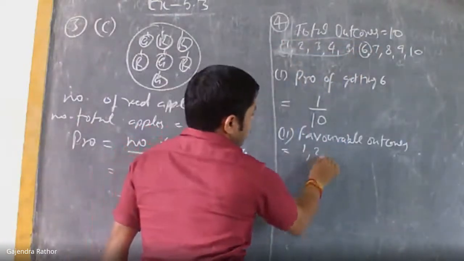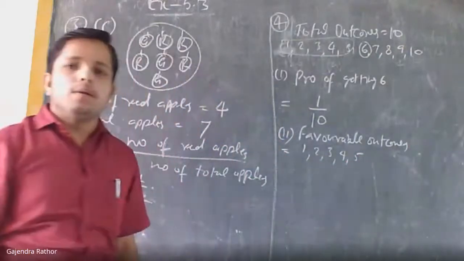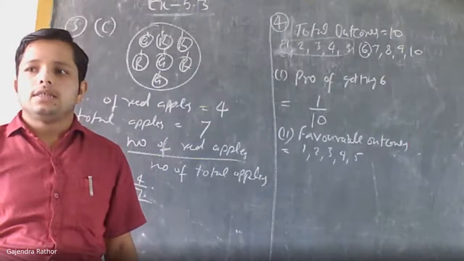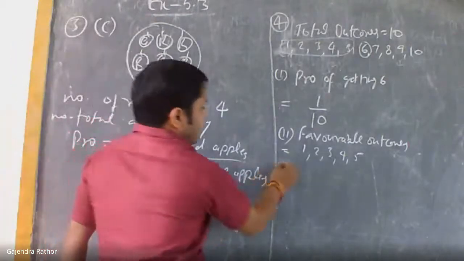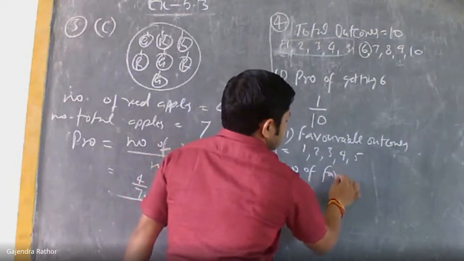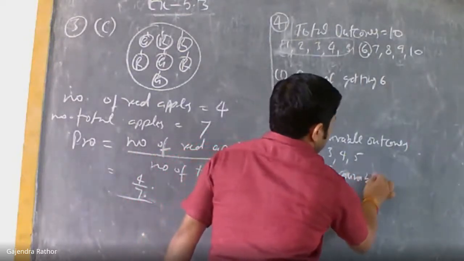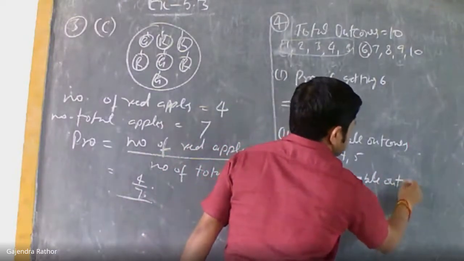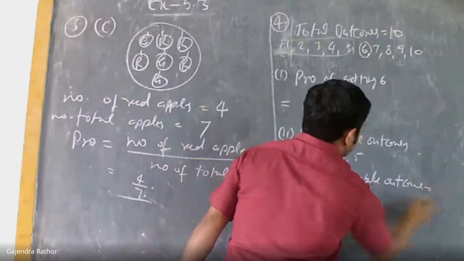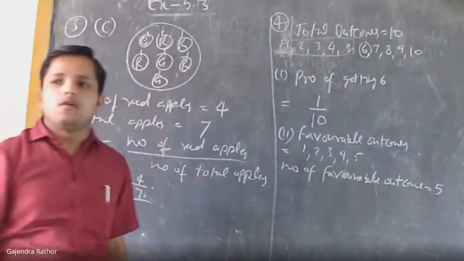I am writing 1 2 3 4 5. 5 numbers are less than 6. So the number of favorable outcomes is 5.